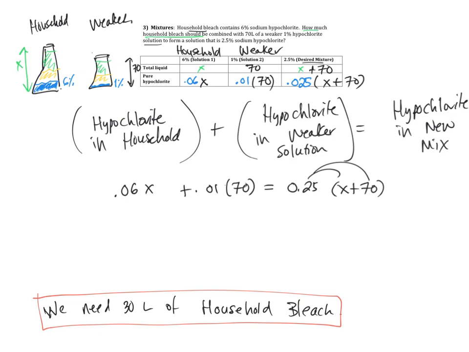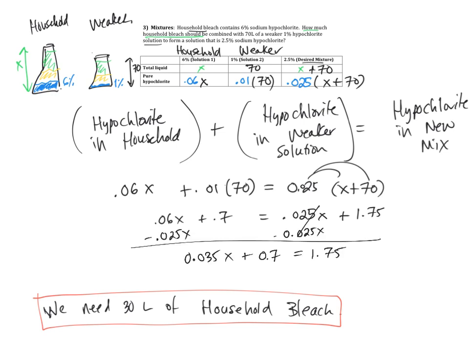All right, so we should get 30 liters of the household bleach, and let's see how we get that. We would take 0.06x plus 0.7, when we multiply 0.01 times 70, and this should be 0.025x, and then 0.025 times 70 is 1.75, and then get all your x's on one side, all your numbers on the other.